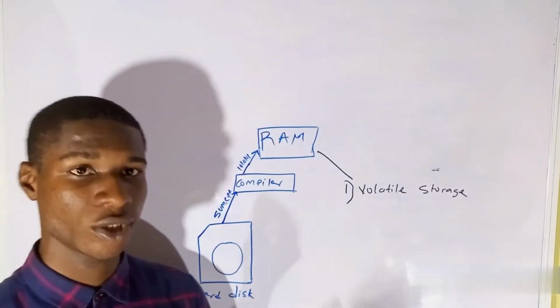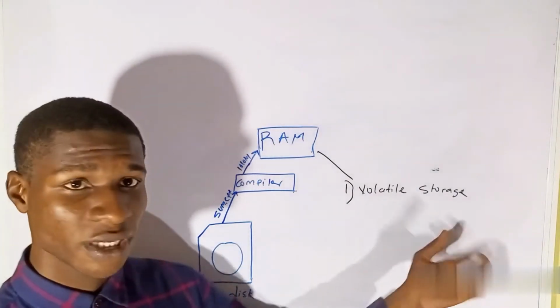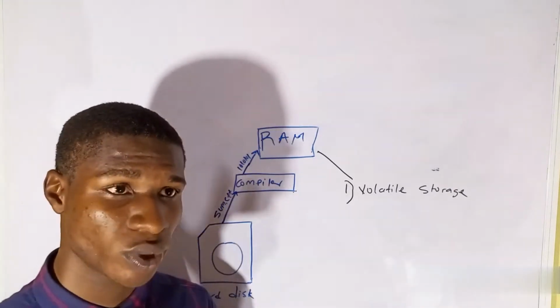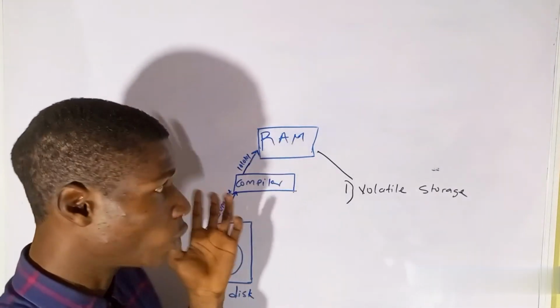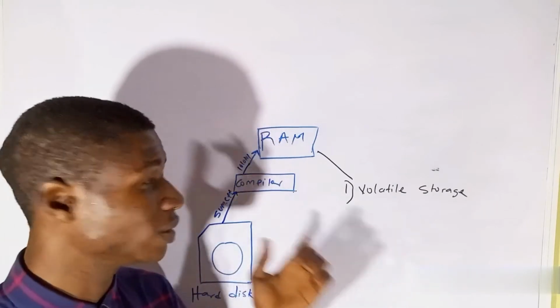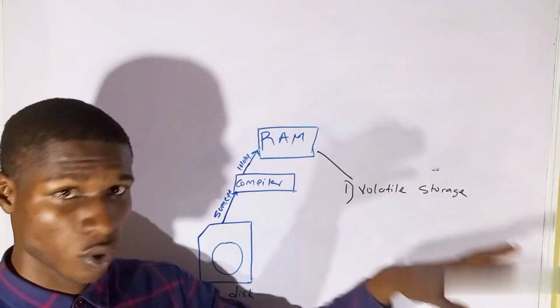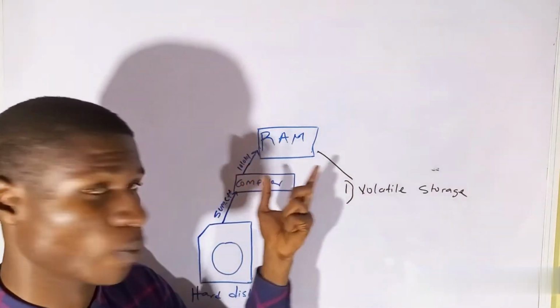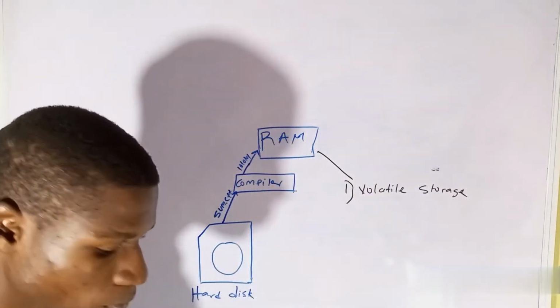So what is a volatile storage? This means that the RAM works as long as the computer is powered. So if the computer shuts down, the data in the RAM is lost. That's one of the properties of a RAM.